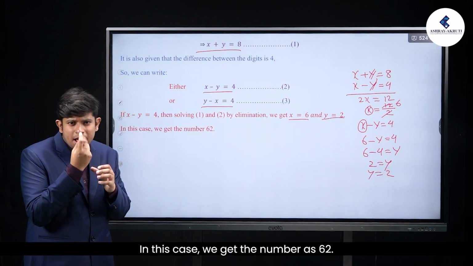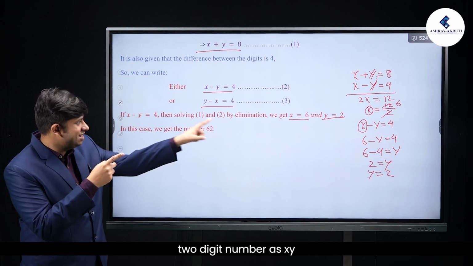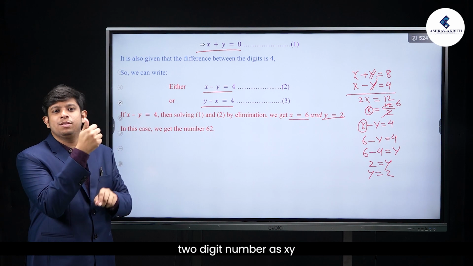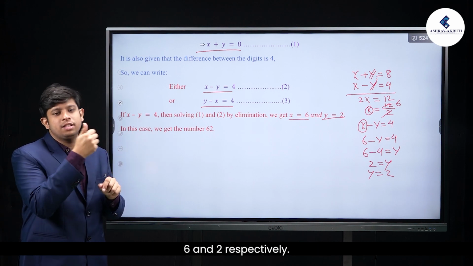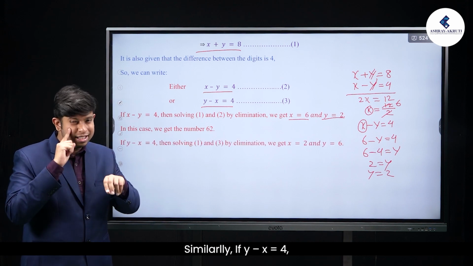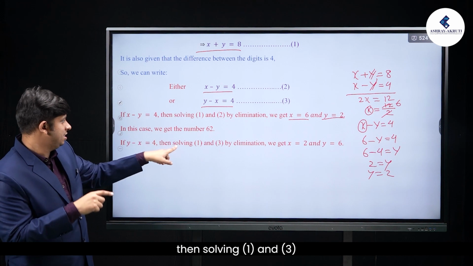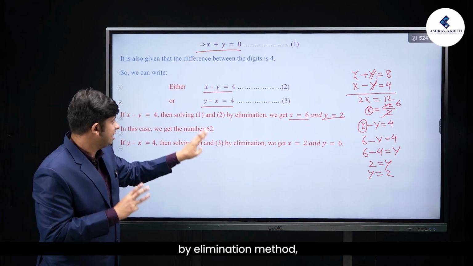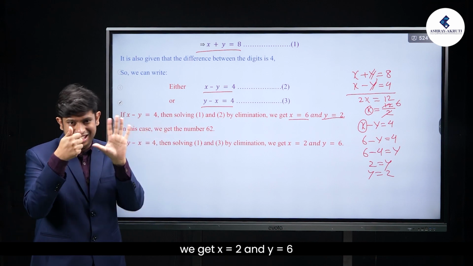In this case, we get the number as 62 because in the beginning we considered the two-digit number as xy. So here we got the x and y values as 6 and 2 respectively. Similarly, if y minus x is equal to 4, then solving equations 1 and 3 by the elimination method, we get x equal to 2 and y equal to 6.